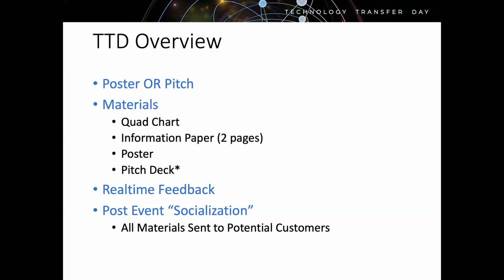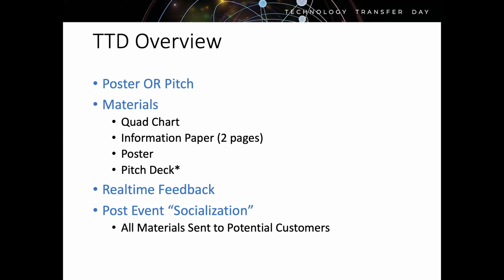One in particular is this feedback will allow you to update all of your materials in a manner that will benefit you when the technology scouts then, after the event, socialize your materials. And what that means is that the tech scouts will come together, they will review your pitch, your poster, your quad chart, your information paper, and they will come up with a list of potential customers within the government sphere that they feel may be receptive to your innovation.